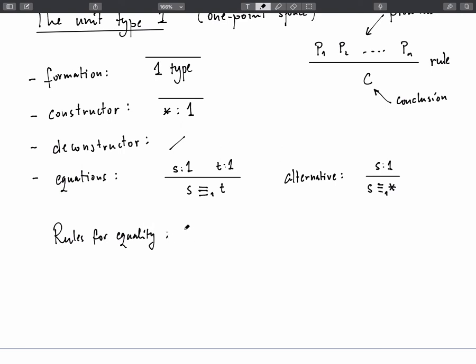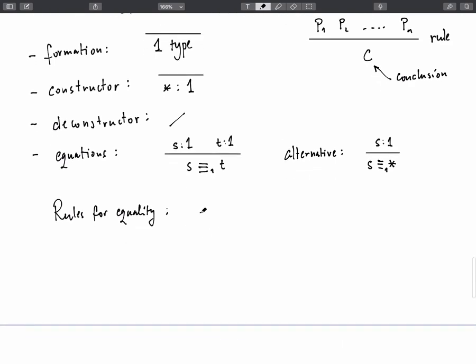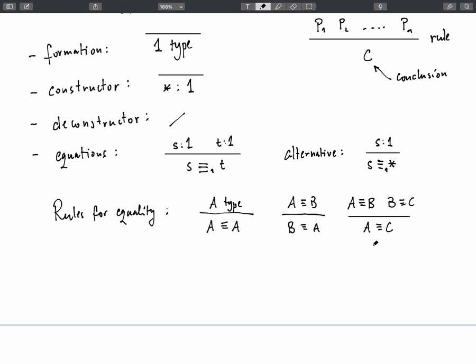And I'm just going to give you a flavor, say, for types. So for types, you would say things like A equals A, if A is a type. And if A equals B, then B equals A. And if A equals B and B equals C, then A equals C. So you could say that this is a bit of logic, and you would be totally right.